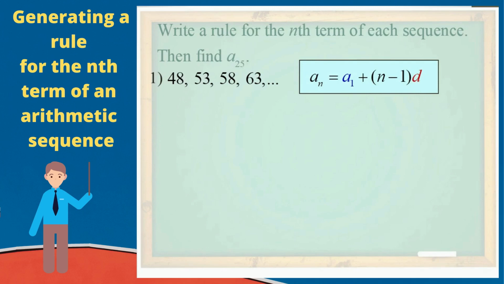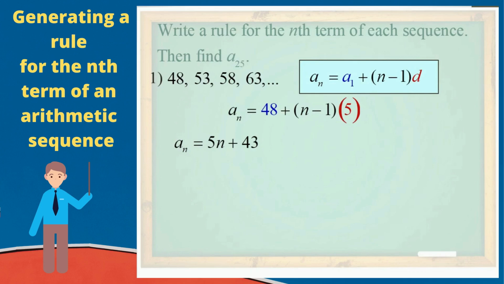So what is a sub 1? A sub 1 is 48 and the common difference is 5. So simplify it further, we have a sub n is equal to 5n plus 43. So how did we get 5n plus 43?